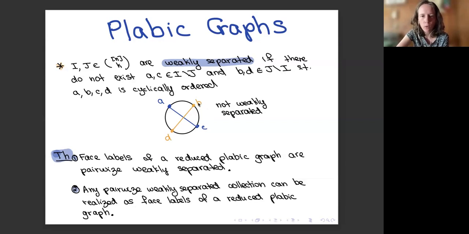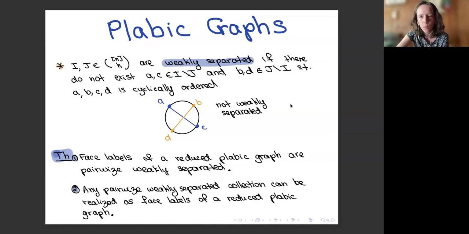So A and C are in set I but not J, B and D are in set J but not I, and they are crossing here. So they are not weakly separated. I don't want to see this crossing condition.